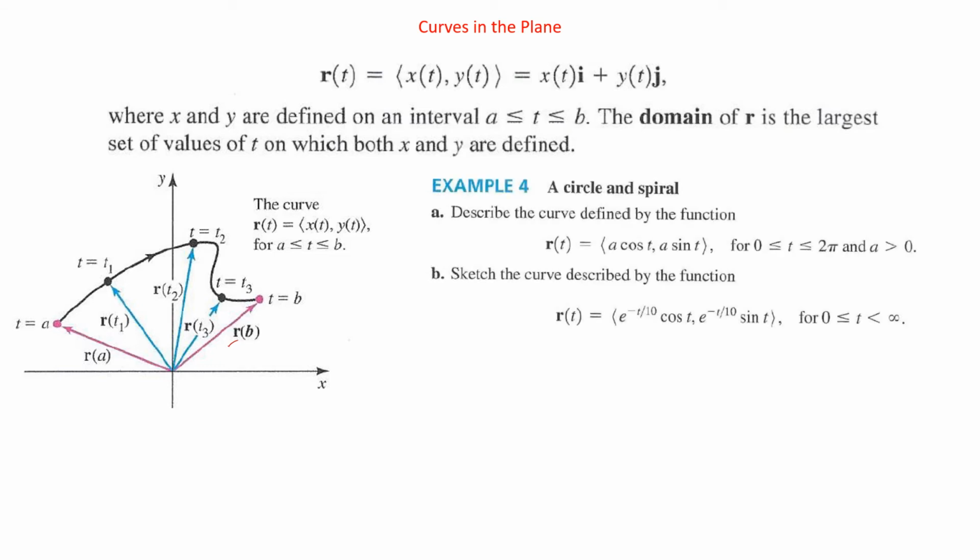So examples, like what are some of these things it could do? Describe the curve defined by the function r of t equals a cosine t and then a sine t for t equals 0 to 2 pi and a is greater than 0. If we remember back to our parametric equations, x equals a cosine t, y equals a sine t is going to make a circle starting there and going that way around the circle.